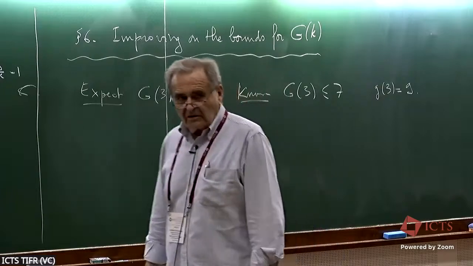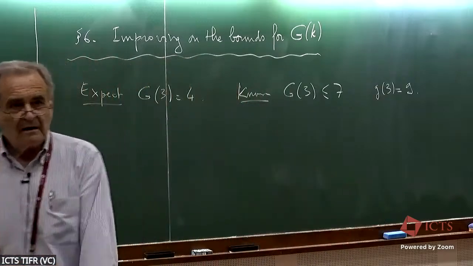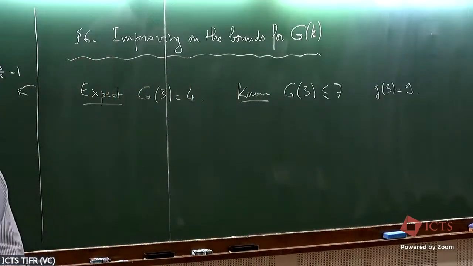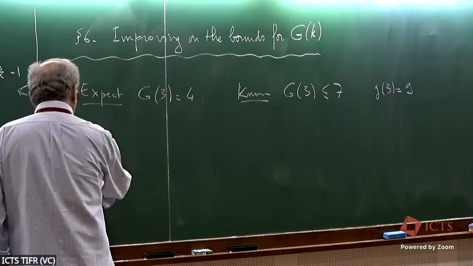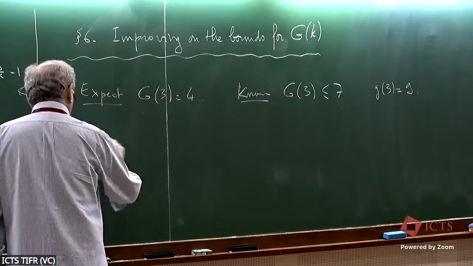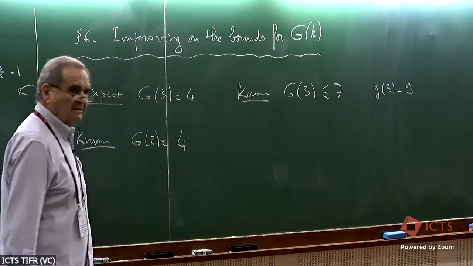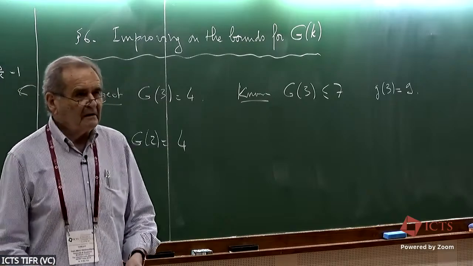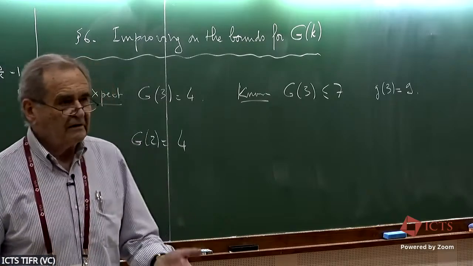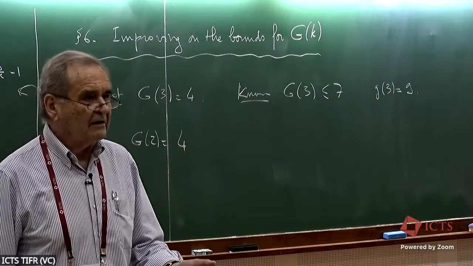Not much is known, although all the values of little g of k are known, almost no value of capital G of k is known. I think the only known value is G of 2, which is equal to 4. This is fine. Everybody is a sum of 4 squares, but if you take someone which is congruent to 7 mod 8, it cannot be represented as a sum of 3 squares.